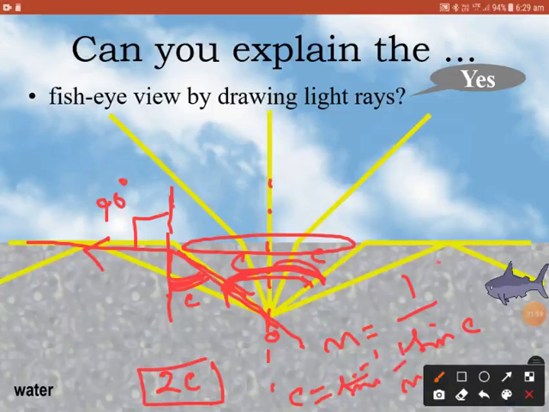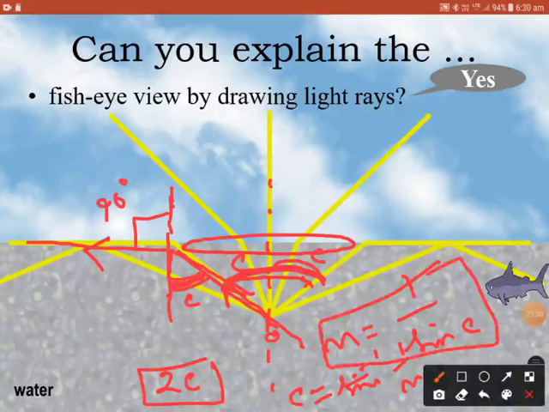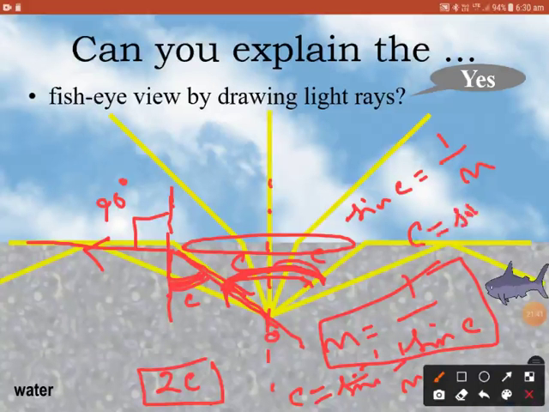Are you getting my point? To find the critical angle C, from this relation sine C will be equal to 1 by n, so C will be equal to sine inverse of 1 by n.